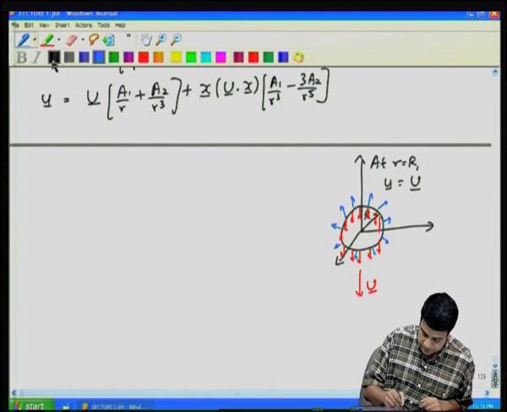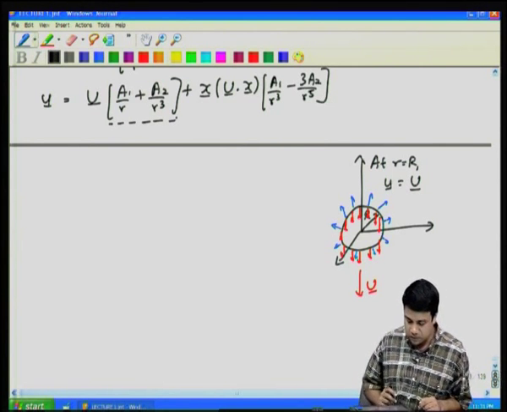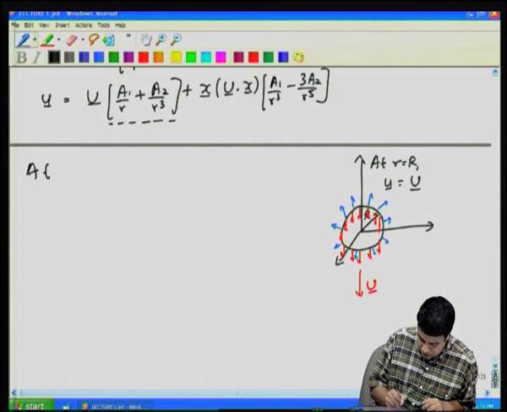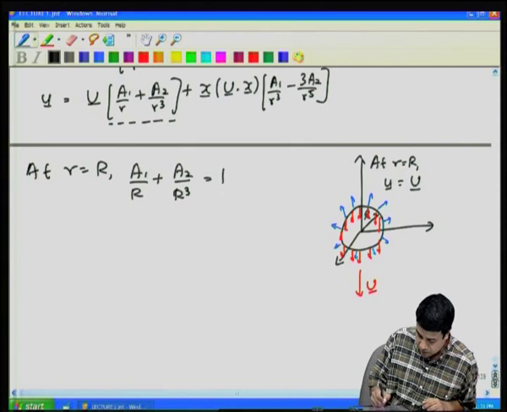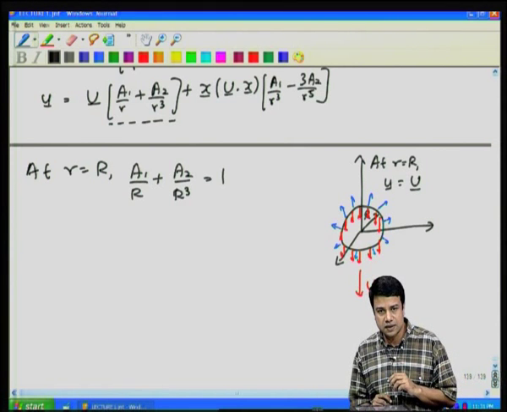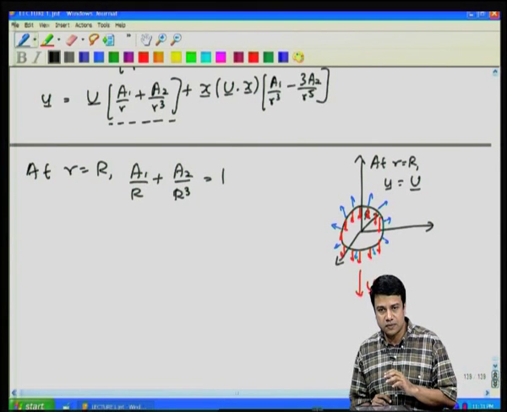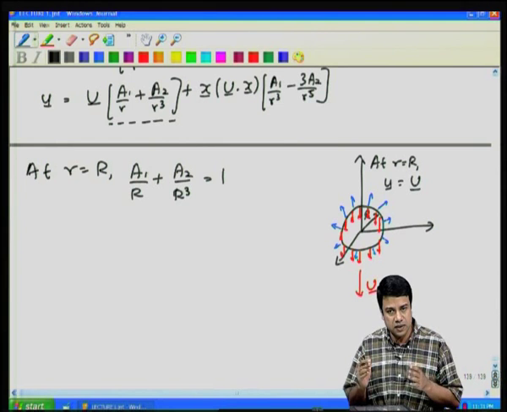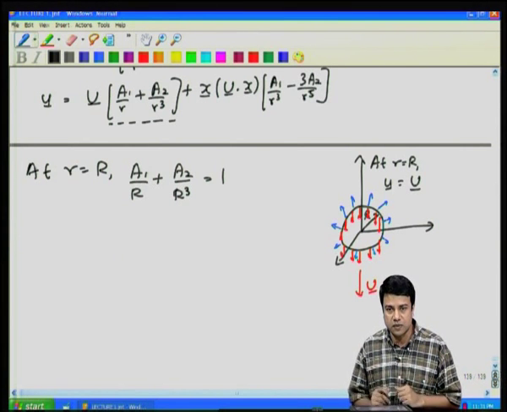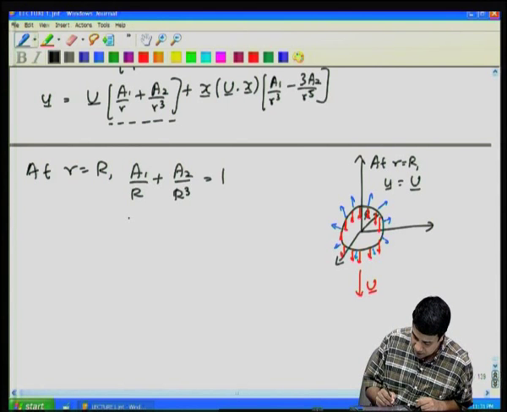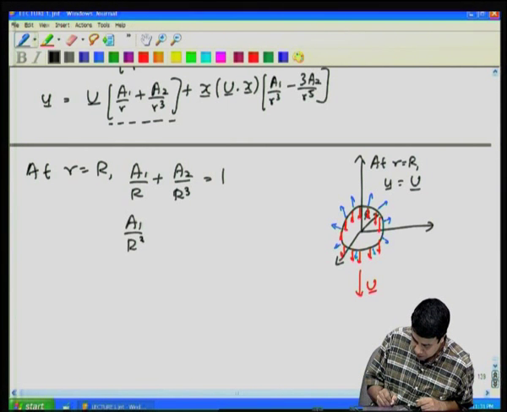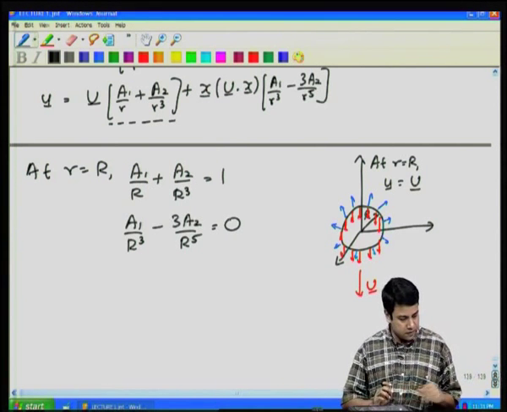So, what that means is that this coefficient, a1 by r cubed minus 3 a2 by r power 5, at r is equal to capital R, has to be equal to 0, because that is the velocity along the x direction, and the velocity along the x direction has to be equal to 0, because the velocity is purely along the U direction only on the surface of the sphere. That is what the boundary conditions tell me. Okay. So, therefore, I should get a1 by r cubed minus 3 a2 by r power 5 is equal to 0. Okay.